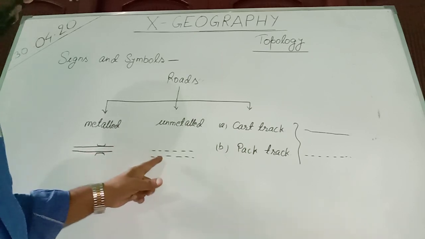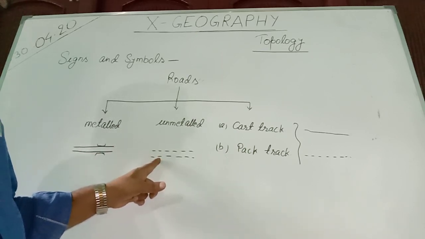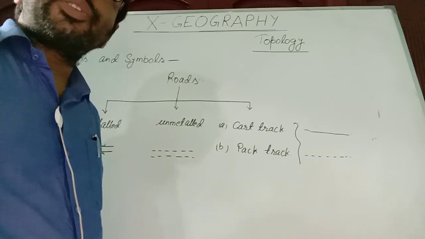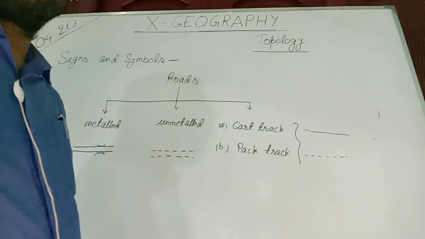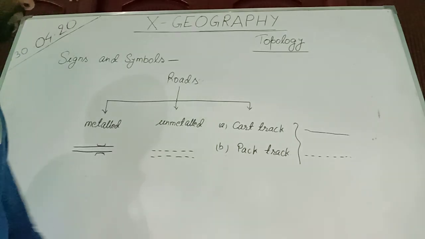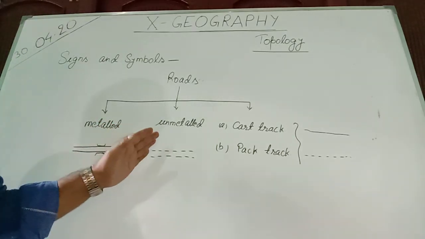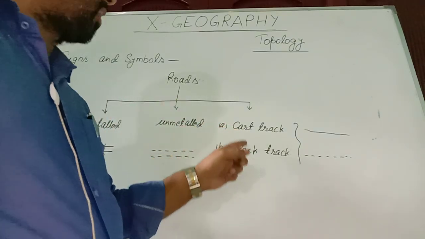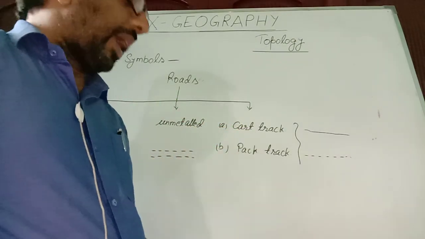The metalled road is wide, and this is the narrow road. These unmetalled roads connect to small towns and small markets. So there are several uses of these kinds of roads that you are seeing.